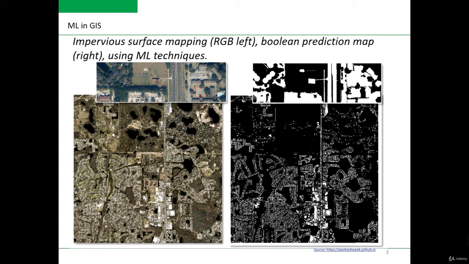In this example, there is an impervious surface map on the right that was derived from very high resolution images on the left using machine learning techniques. In this specific case, the random forest classification was applied.